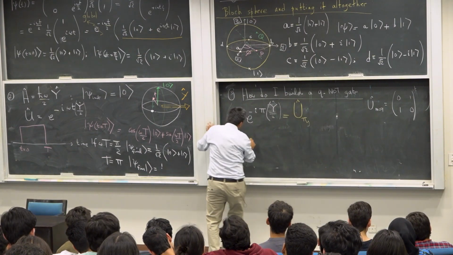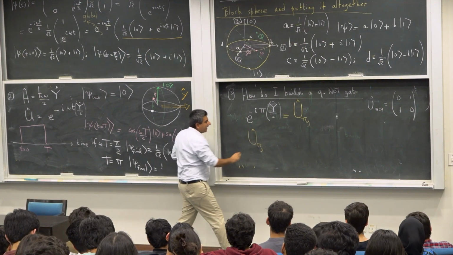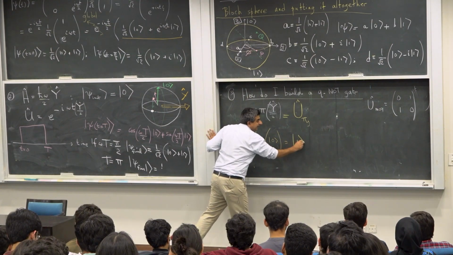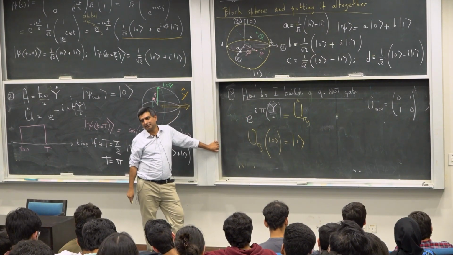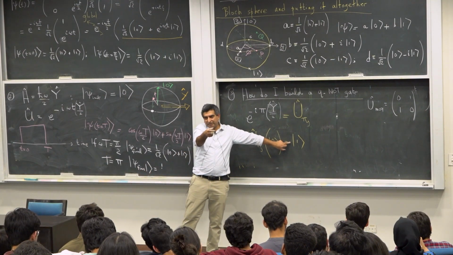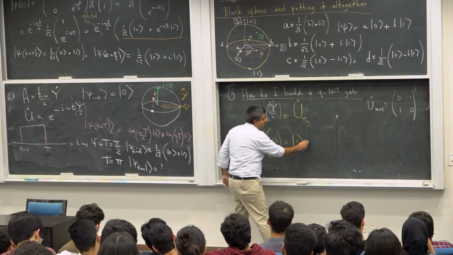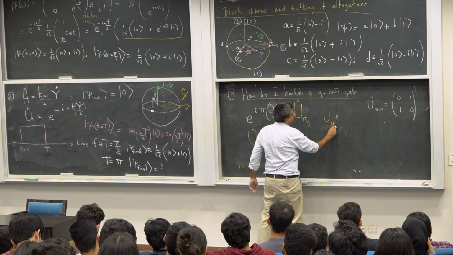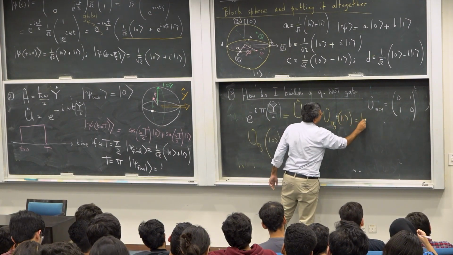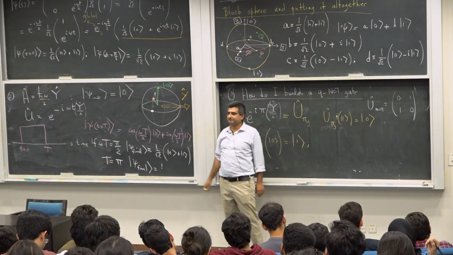So if I apply this rotation about the y-axis to ket 0, it works. It gives me ket 1. I don't care about the global phase here. There might be some global phase as well, but I don't care about it. If this acts on ket 1, I indeed get ket 0, as is evident in this Bloch geometry.